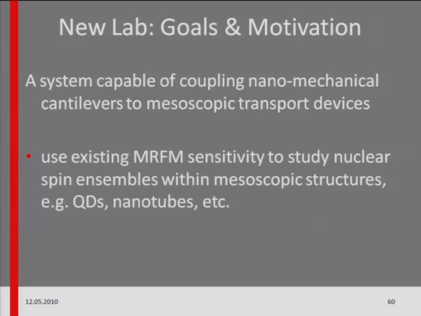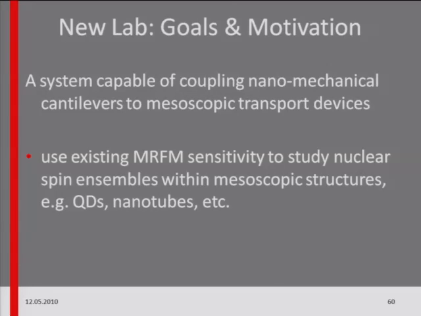So what we're building in my lab in Basel is a system capable of coupling these nanomechanical oscillators to mesoscopic transport devices. And one of the main goals there is that we'd like to use existing MRFM sensitivity, resolution on the order of 10 nanometers or something like 100 net spins, to investigate small nuclear spin ensembles, and in particular, small nuclear spin ensembles inside quantum dots, nanotubes, or other mesoscopic systems.